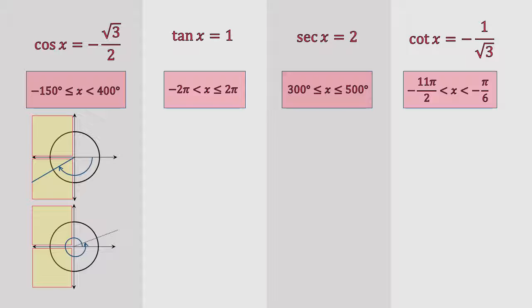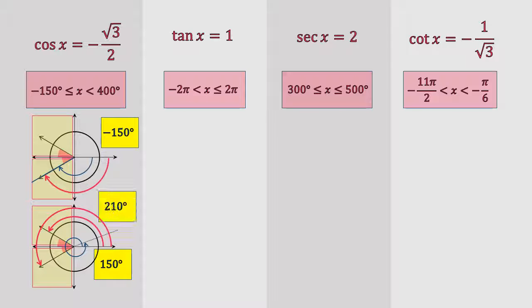The base angle 30 degrees is introduced into the two quadrants. The required angles beginning from the smallest are minus 150 degrees, 150 degrees, and 210 degrees.